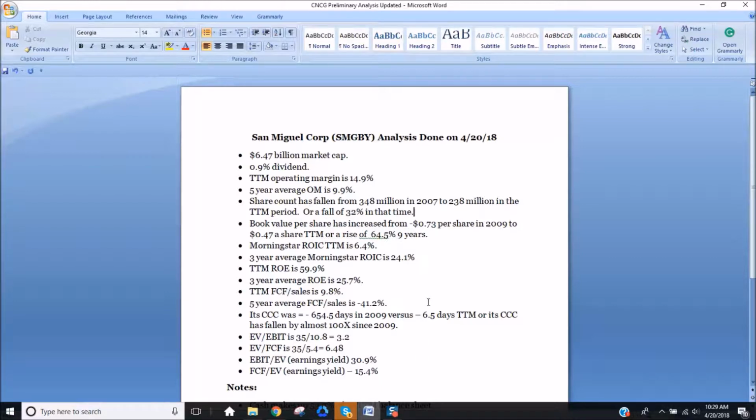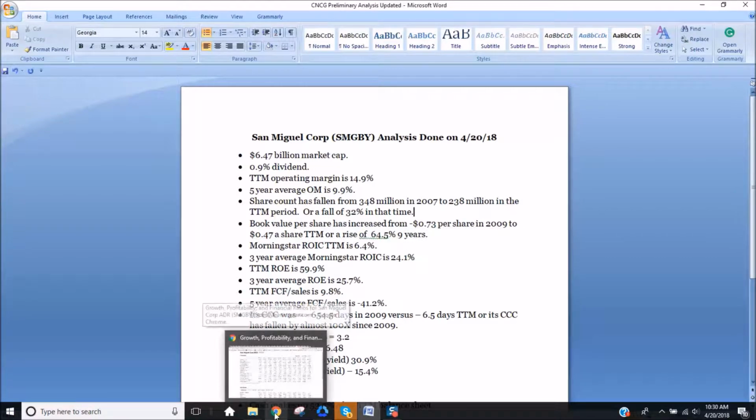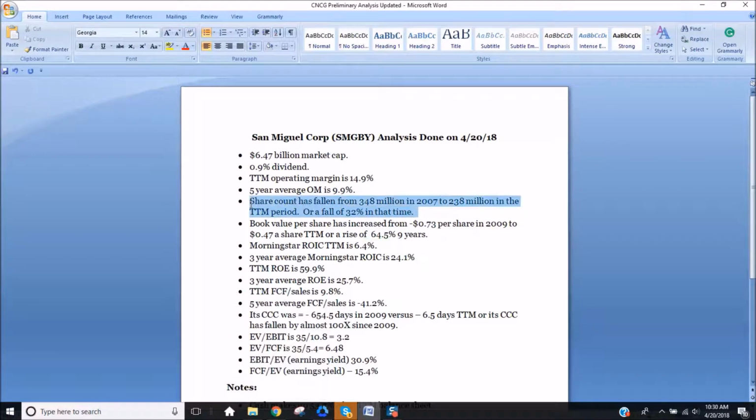That is fantastic. It means they're buying back shares. I don't really ever look for shares to rise unless their share prices are massively overvalued, which we'll find out a little bit down here. Typically you want them to buy back shares when their stock is undervalued, and again, we'll find that out further down here.